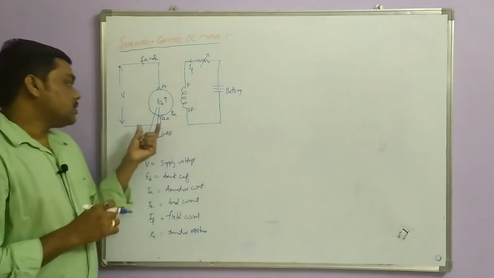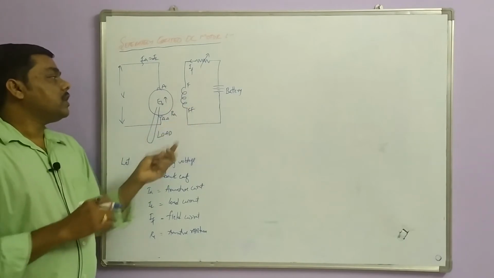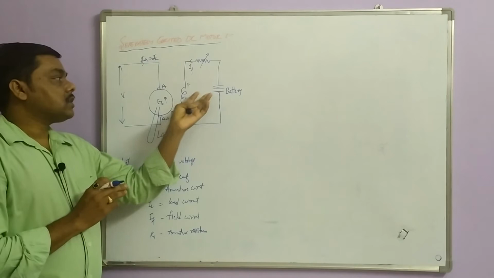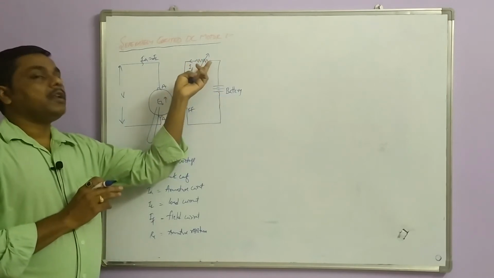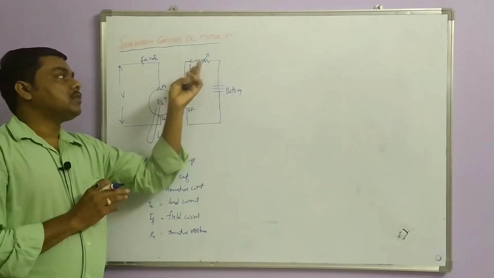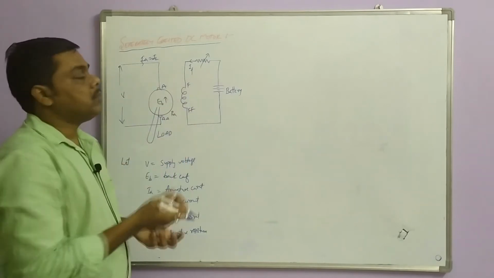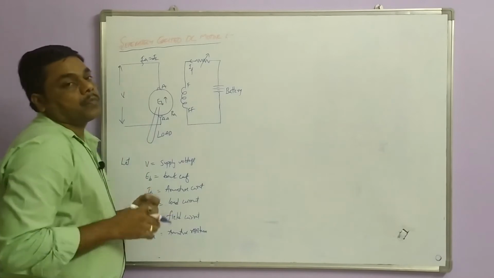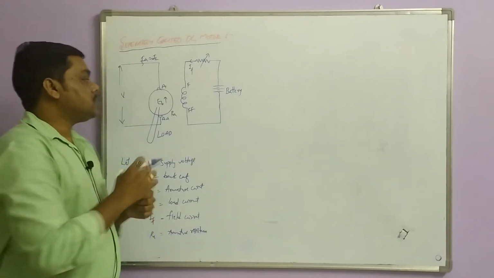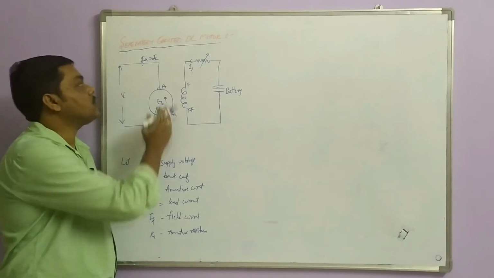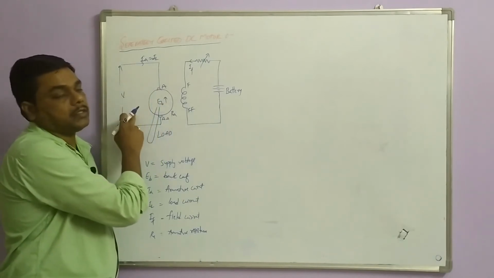Now you can see here the field winding is separately excited. When this field is excited through a battery, with a field rheostat, by adjusting this field rheostat, field current flows to the field winding and the EMF will be generated in this armature. This generated EMF, which we call the back EMF, is opposite to the applied voltage.